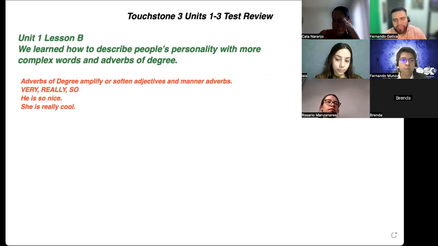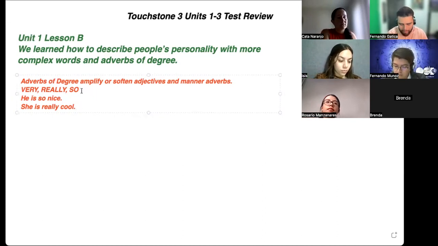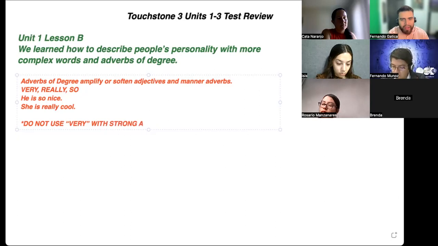Now, you can use almost all the adverbs of degree the same way, except for the word very. Do not use very with strong adjectives. Strong adjectives can be like the word perfect or the word gorgeous.